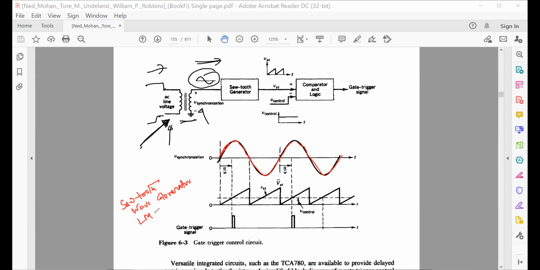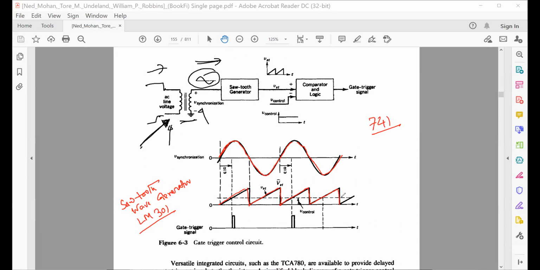LM301 is one type of op-amp, and there is 741. 741 is another op-amp. You can use this op-amp to generate this sawtooth wave. Or there is a chip, an IC, available also that can be used as the sawtooth wave generator.